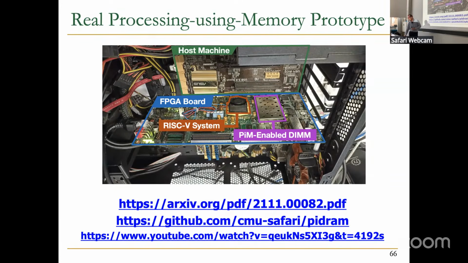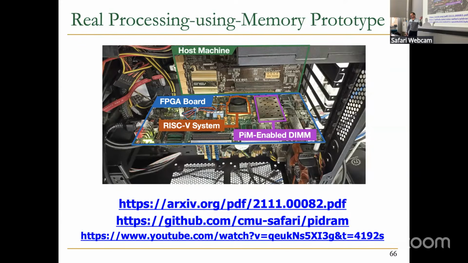The basic idea is that the operation gets offloaded to the memory controller. That's a soft memory controller because we're running on an FPGA. We have a RISC-V core. Whenever it's executing this operation, it gets offloaded to the memory controller, and the memory controller does the copy by violating the timing parameters and then returns an acknowledgement signal such that the core can continue. And you can run an application with this. It's painful, but it's possible to do.